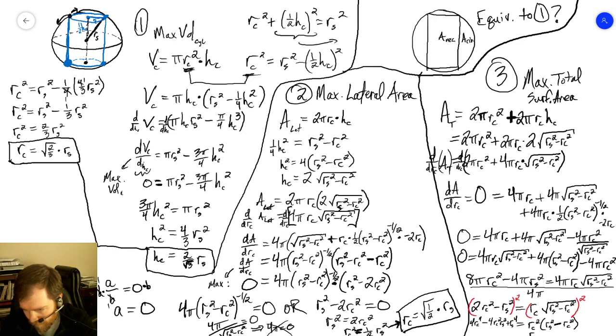This side's going to be rc squared rs squared minus rc to the 4th.